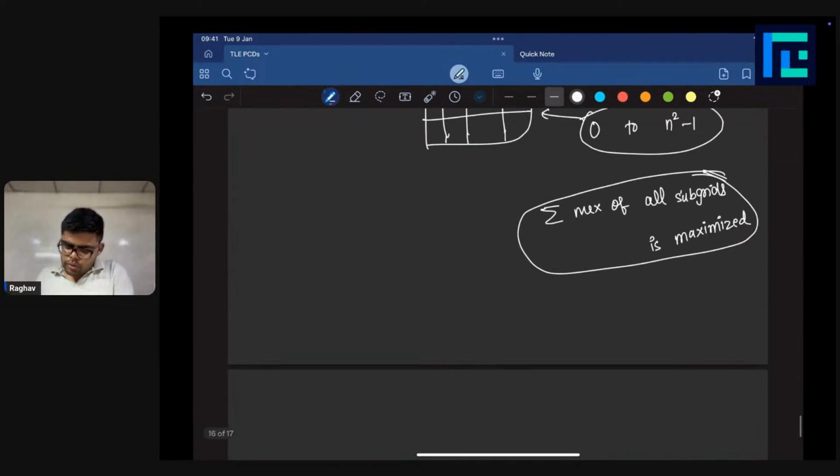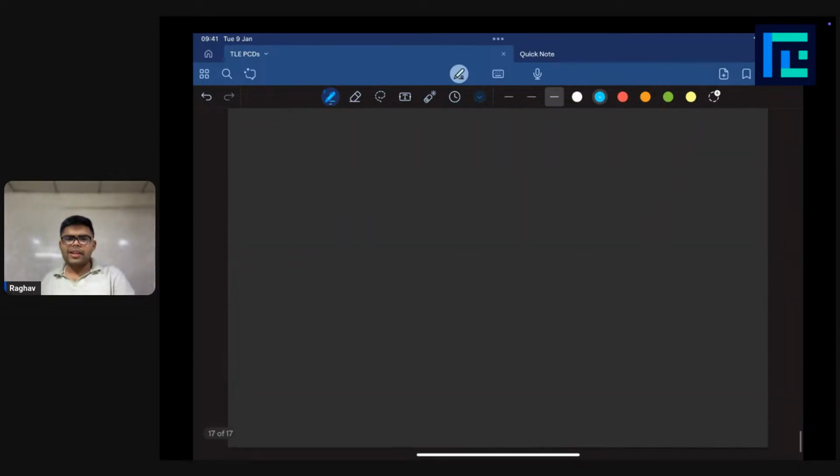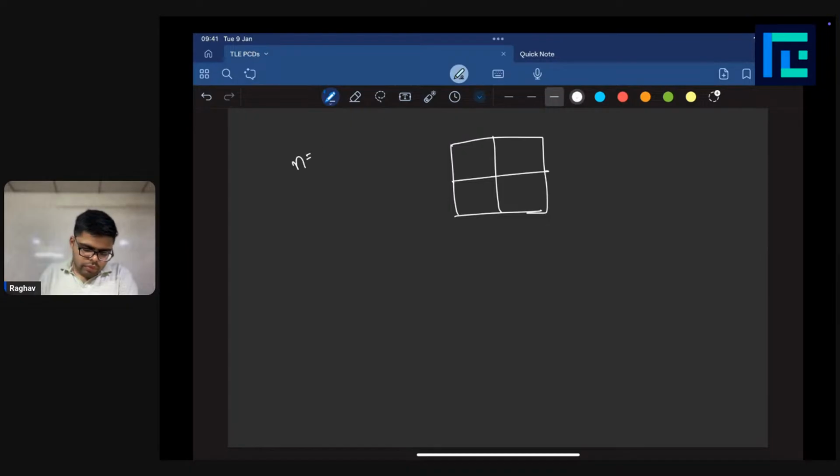Okay, so our goal is to just construct a grid such that this thing is maximized. So guys, to make sure the problem statement is clear, I am taking the first example, which is having n equal to 2.